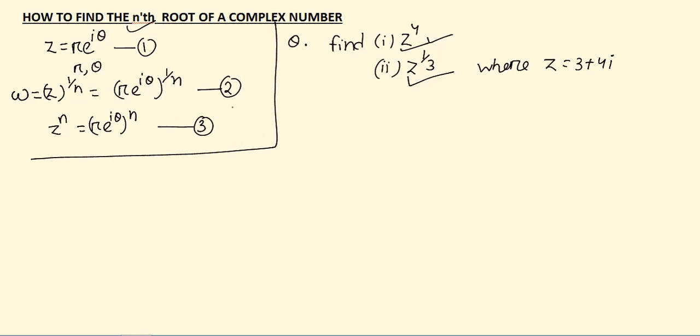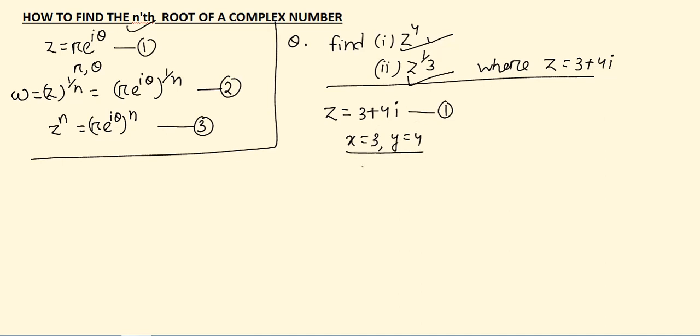Here we have given in this question z equal to 3 plus 4i. So now see, this complex number is in the form of Cartesian coordinates, where x equal to 3, y equal to 4. First of all, we have to convert these Cartesian coordinates into polar coordinates.